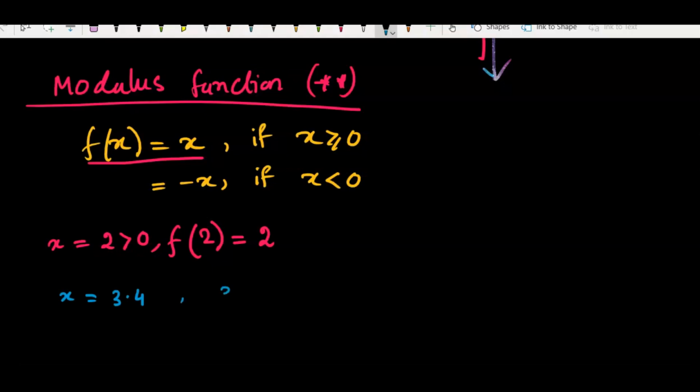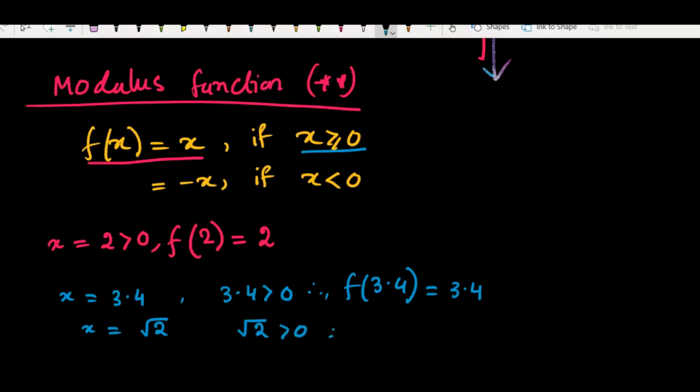Yes, it is. The definition says if x is greater than 0, then f(x) will be x, so f(3.4) is 3.4. Similarly, if you take x equal to root 2, we know that root 2 is greater than 0, therefore f(root 2) will be root 2.